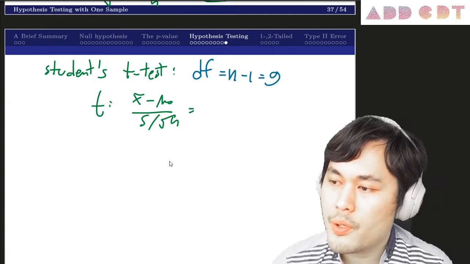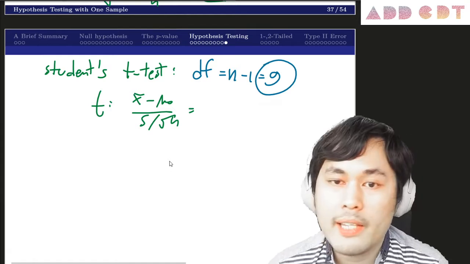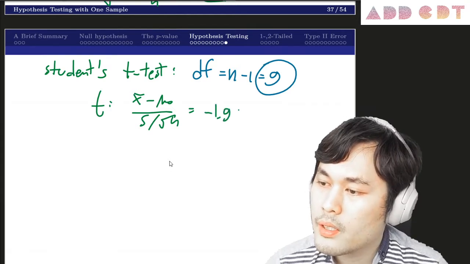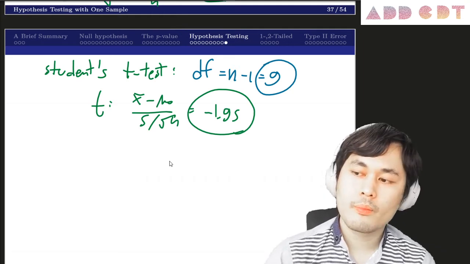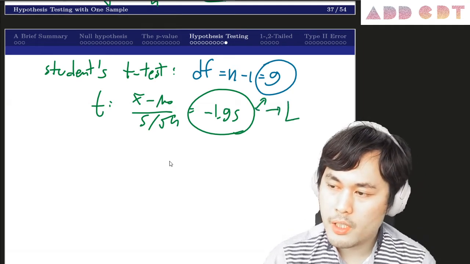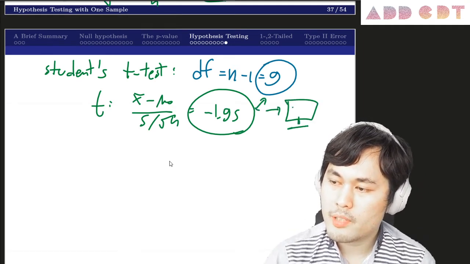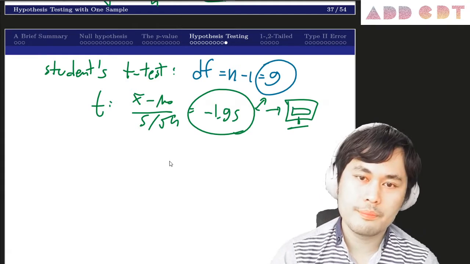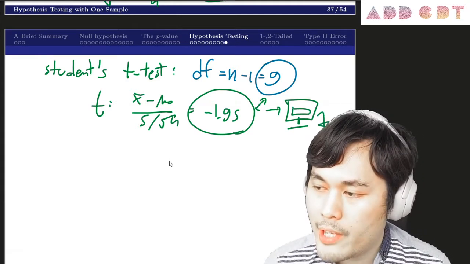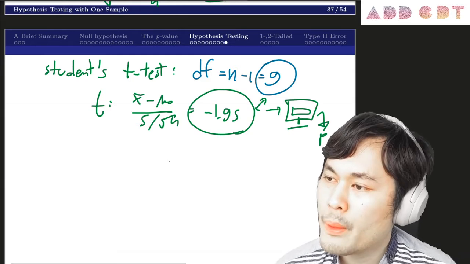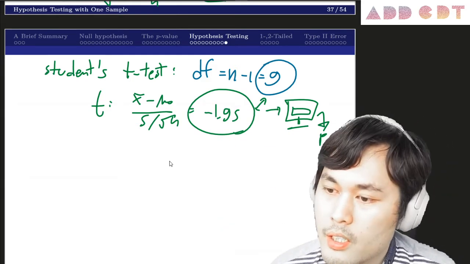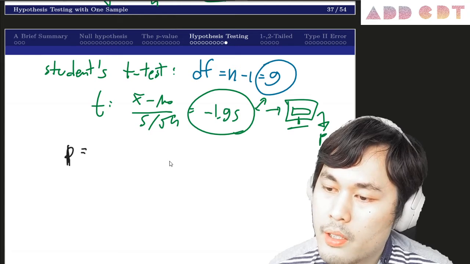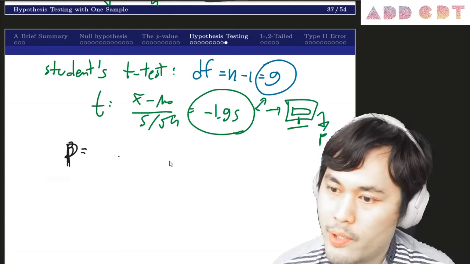And so now you use that value, and that value will be computed to be minus 1.95. So you use these two numbers in your laptop, website, or whatever it is, and that will give you the p value. Again, you don't have to know exactly what the formula is, but you have to know that we are trying to get the p value.